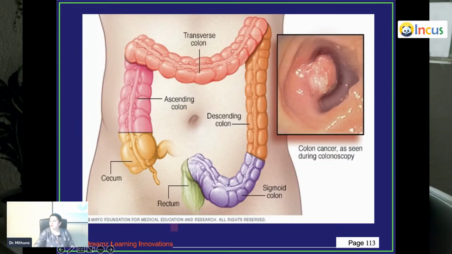So these are the parts of the colon. This is your cecum, this is your ileum.